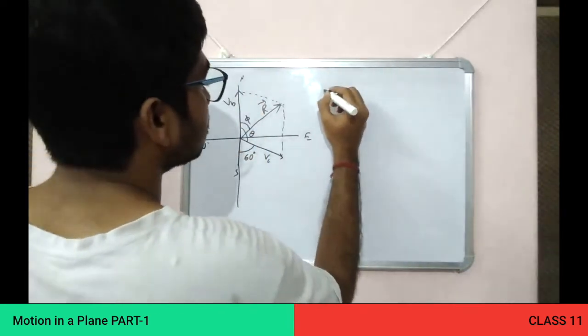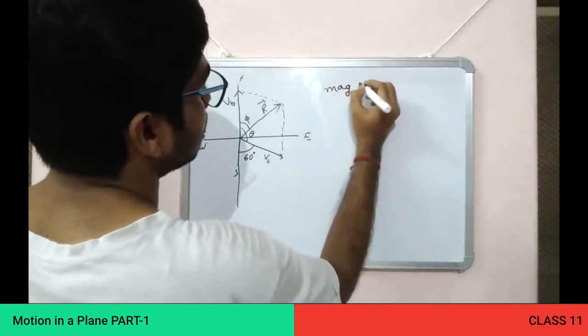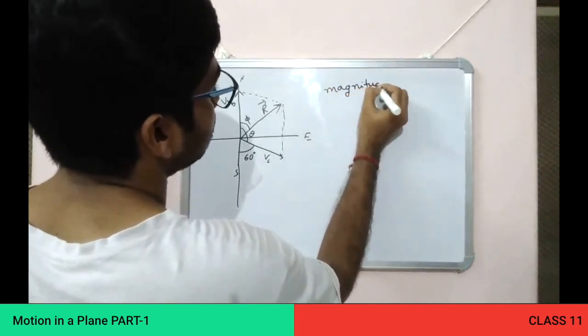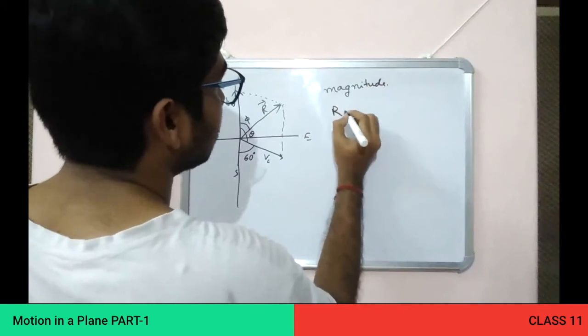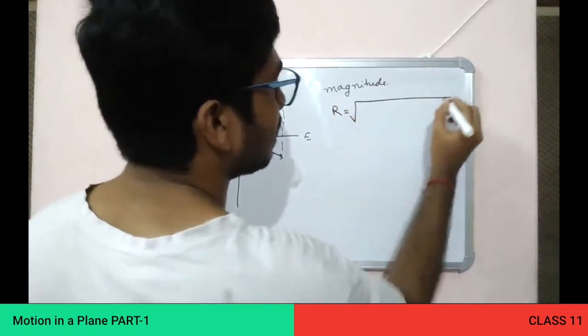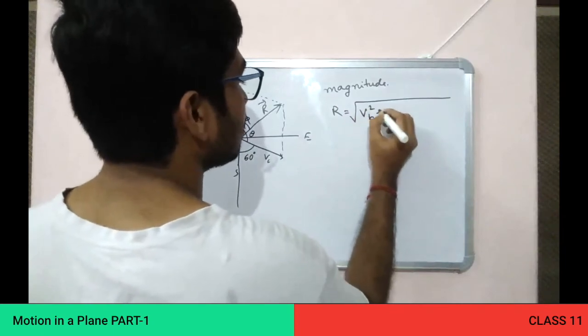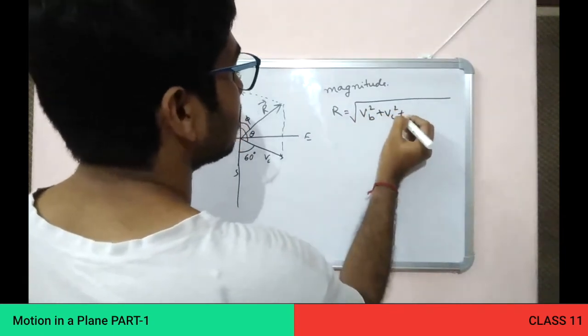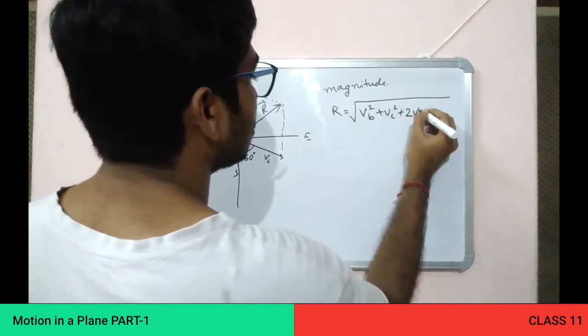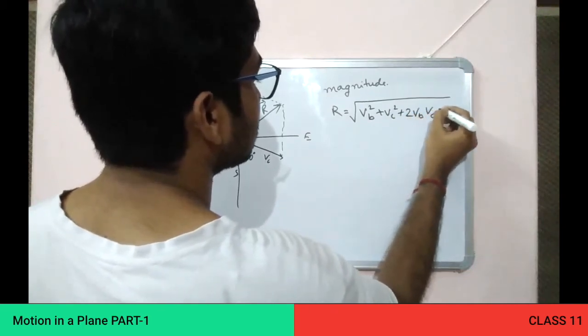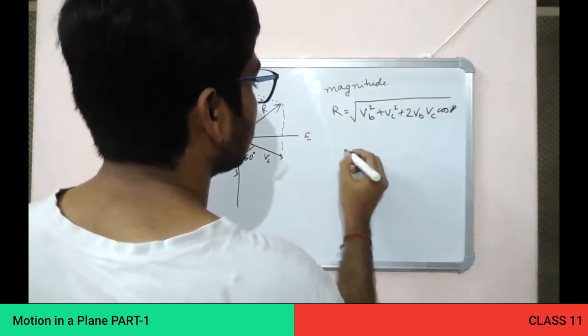So magnitude R is equal to, we will apply cosine law, that is VB square plus VC square plus 2 VB VC cos theta.